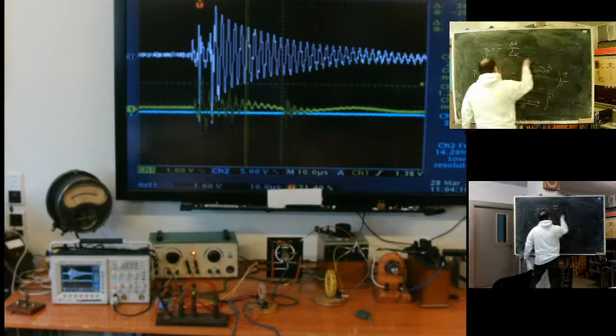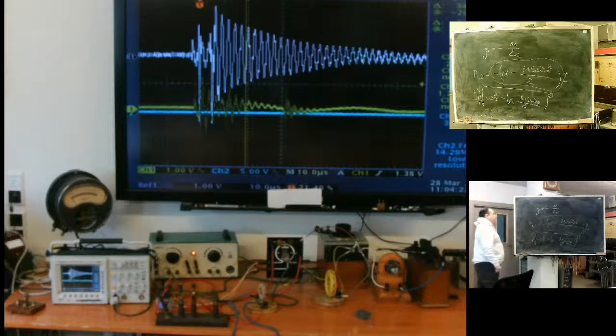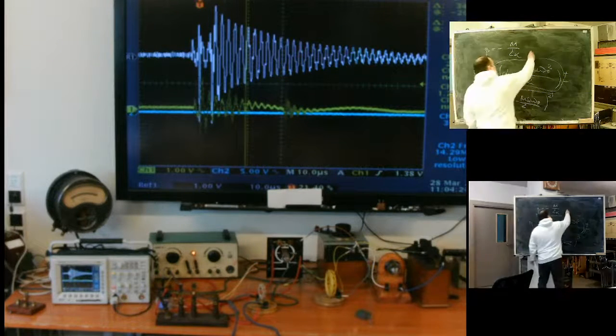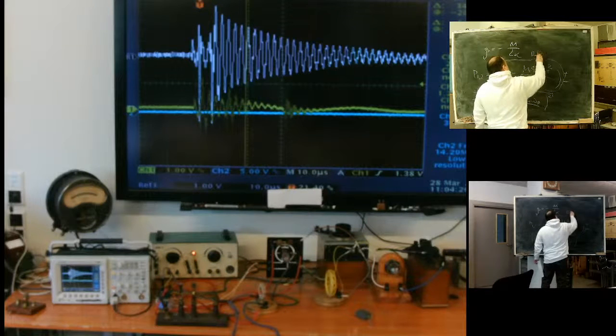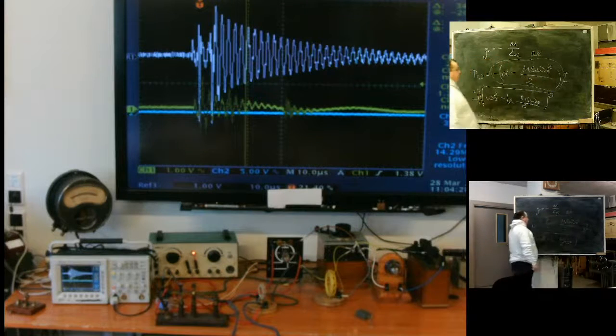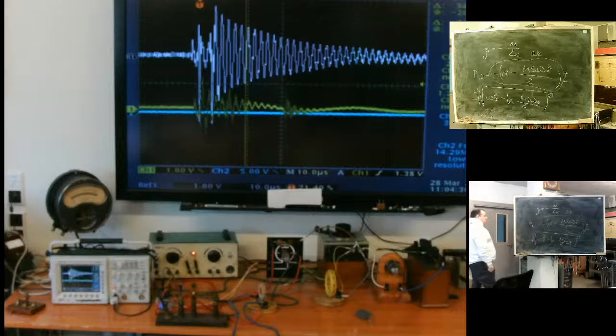We need to take a look at the real part. Here it is, the real part. We got two cases here.